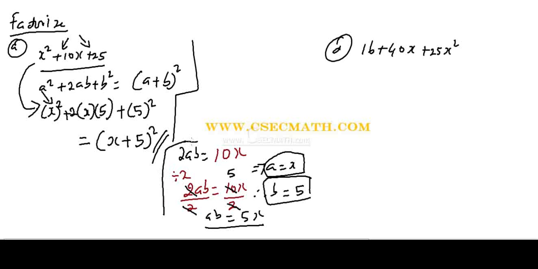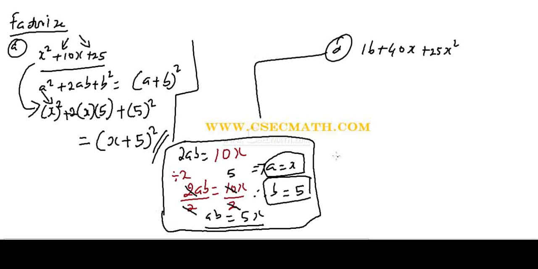So the information that I showed here is for you to understand. Okay, question number D. I would be rewriting the given system as 25x squared positive 40x positive 60.